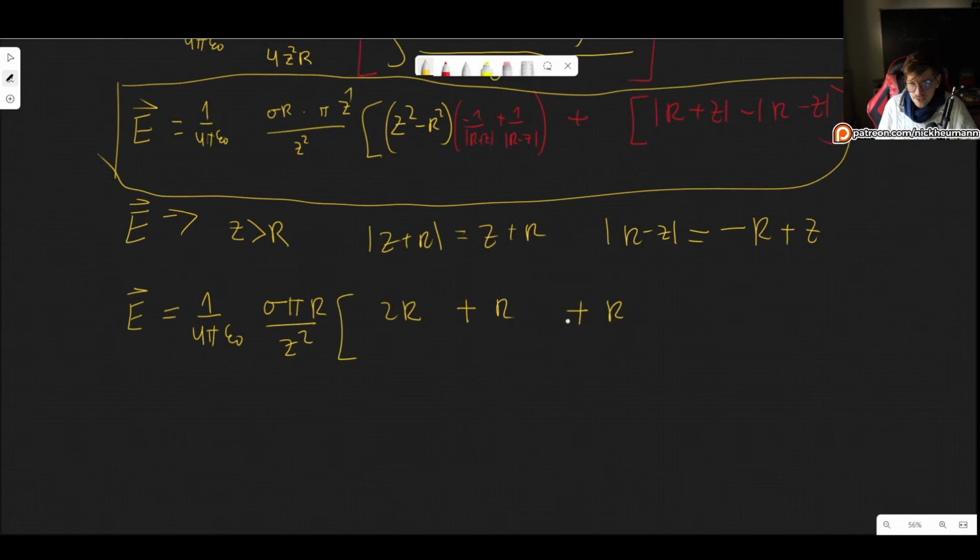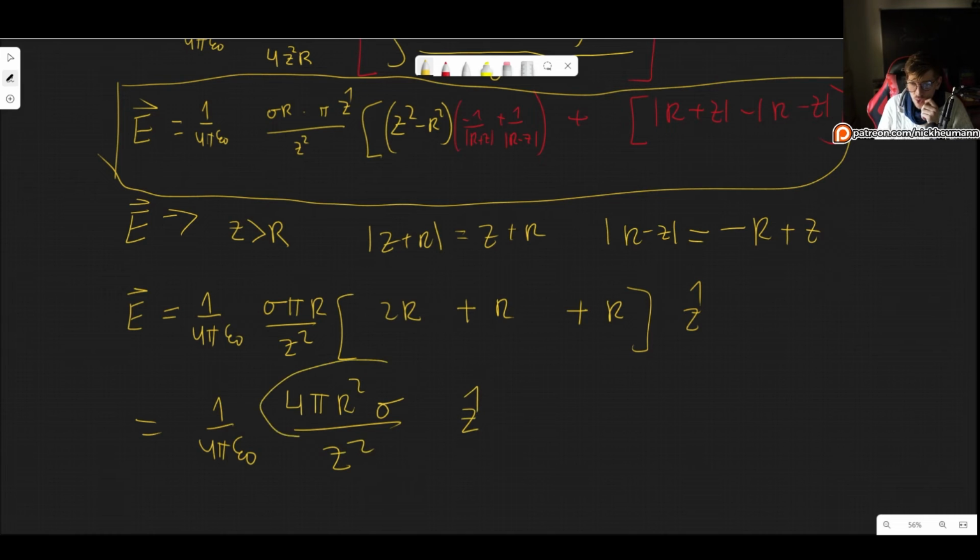Oh, by the way, where's my z hat? I haven't written it down yet. So z hat. So here we get 1 over 4 pi epsilon 0, and now we have 4 pi r squared sigma divided by z squared and z hat. And to notice what we have here, the surface area of a sphere is 4 pi r squared.